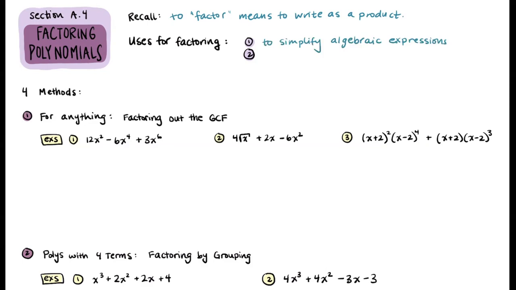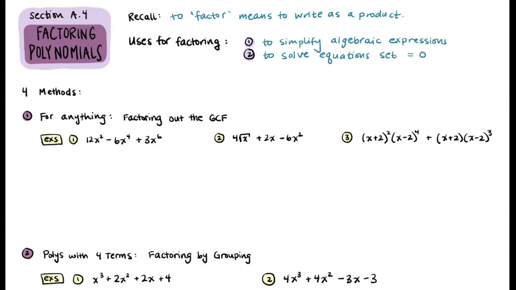So the first use of factoring is to simplify, and the second use of factoring is to solve equations for the variable when you have them set equal to 0.